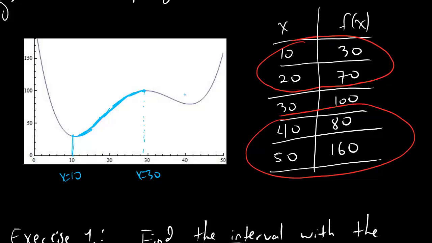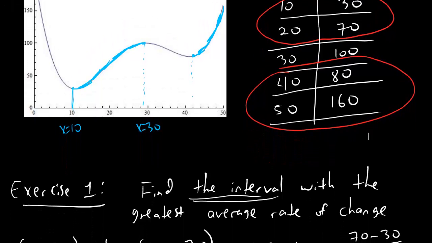Now from 30 to, let's say right around 40, oh, that's not right. It's really like 42. From 30 to 42, it's decreasing, but then from 42 on, it starts increasing again. And we'll just go to 50 because that's the only place that the table goes to. So it looks like we're increasing from 10 to 30, and then from 42 to 50.